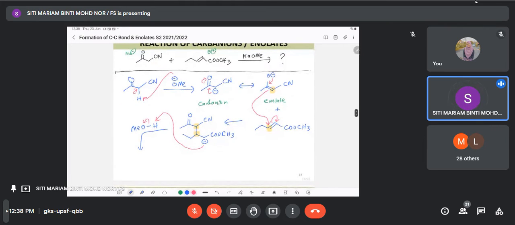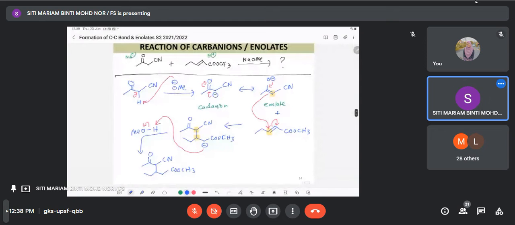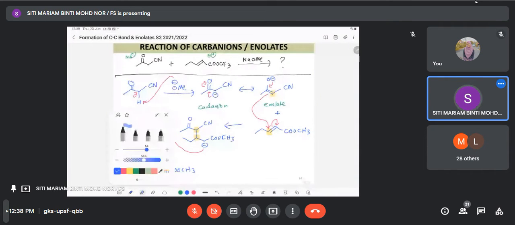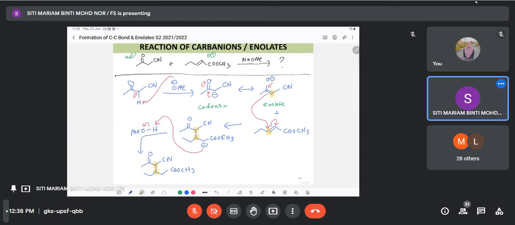So you draw it: C double bond O, CN, this one, and that one, COOCH3. Okay, finished. That's the mechanism. Okay, done with this one.